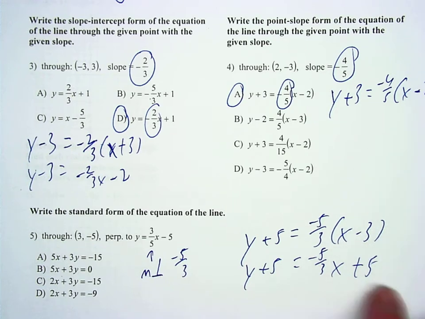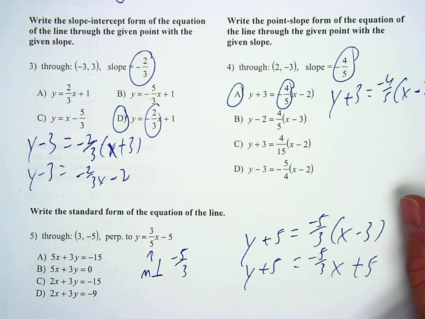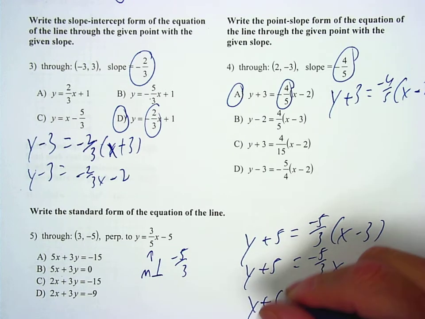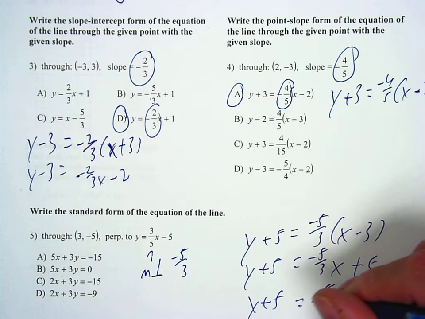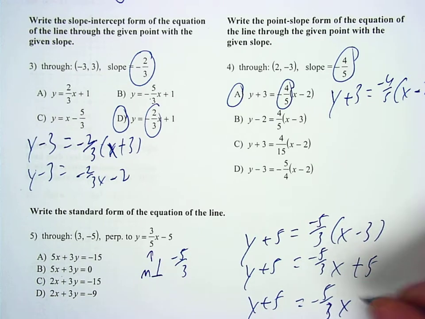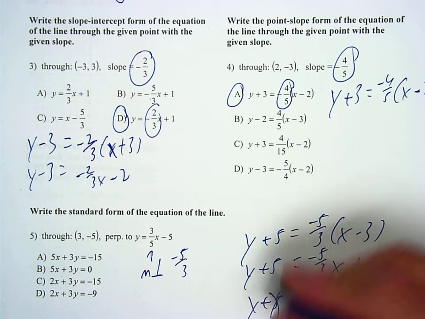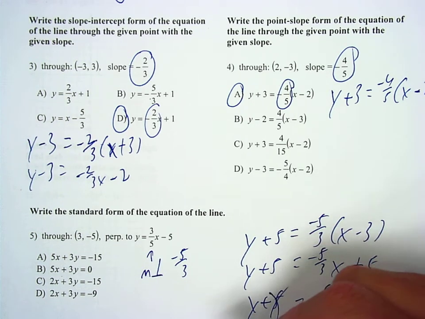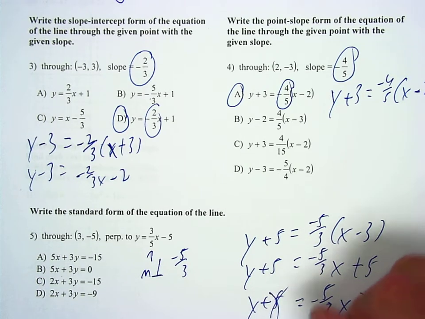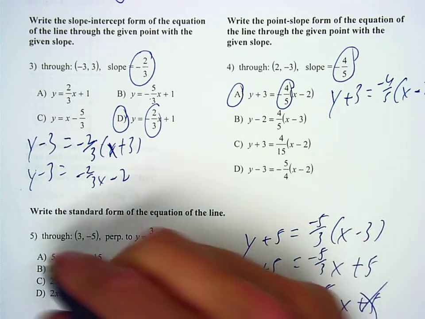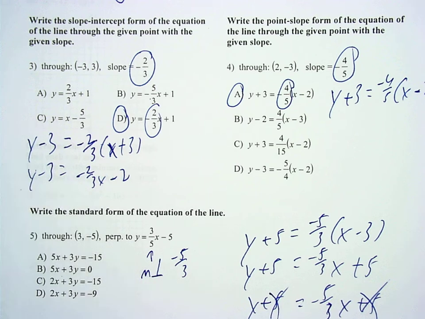It's looking like these 5's are going to cancel here. They're opposite signs, so I can just cancel them out. And then I can move the 5/3 x over to the other side. Positive 5/3 x plus y equals nothing. Then I can times everything by 3 to get the appropriate answer, which is letter B.